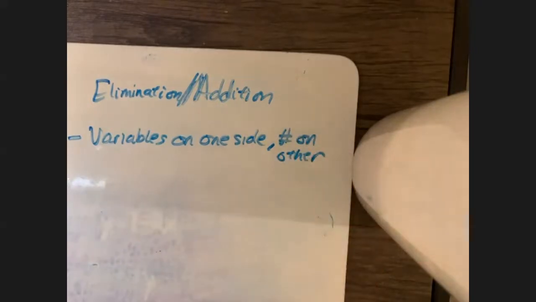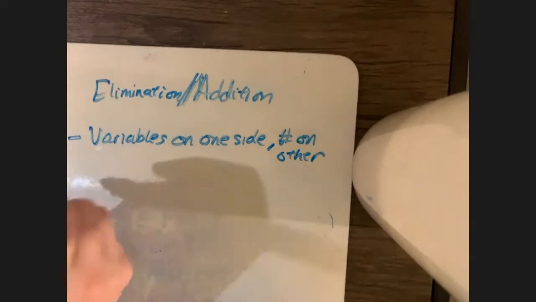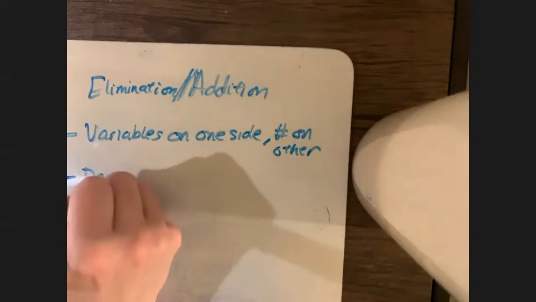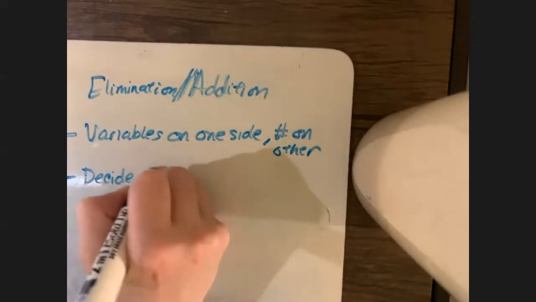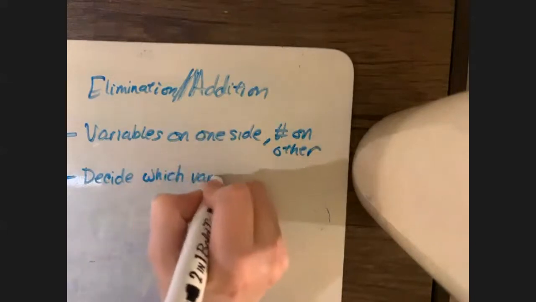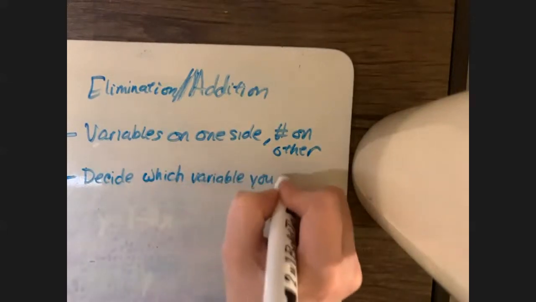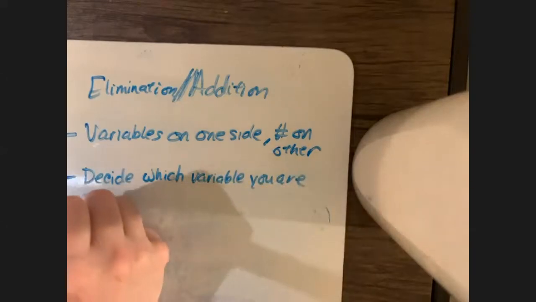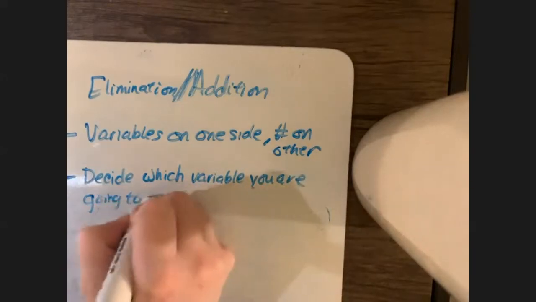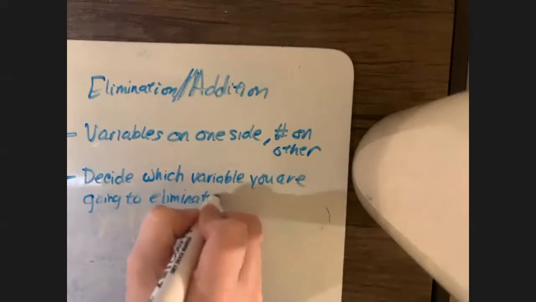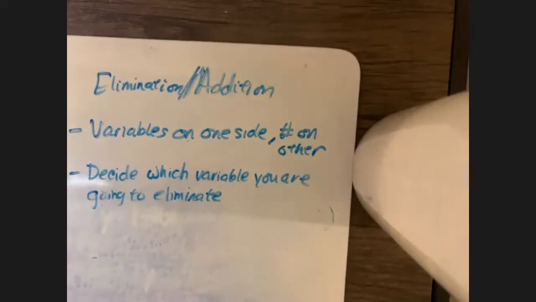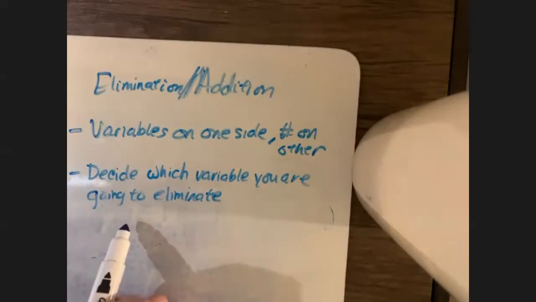You kind of want it to look the way they have been handing them to us in the last two examples, with the X's and Y's on one side and that plain number on the other side, okay? Now, you need to decide which variable you're going to eliminate. The way that you do this is you look at the numbers in front of those variables.